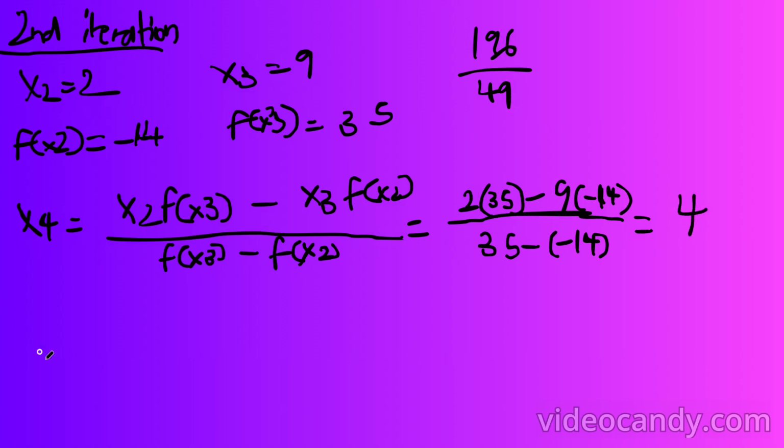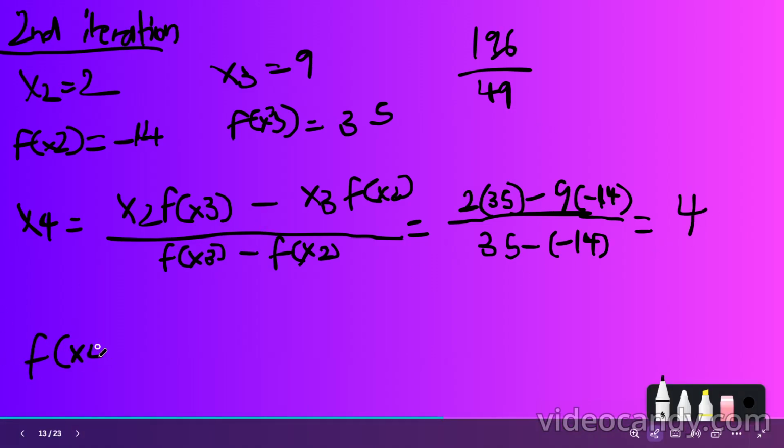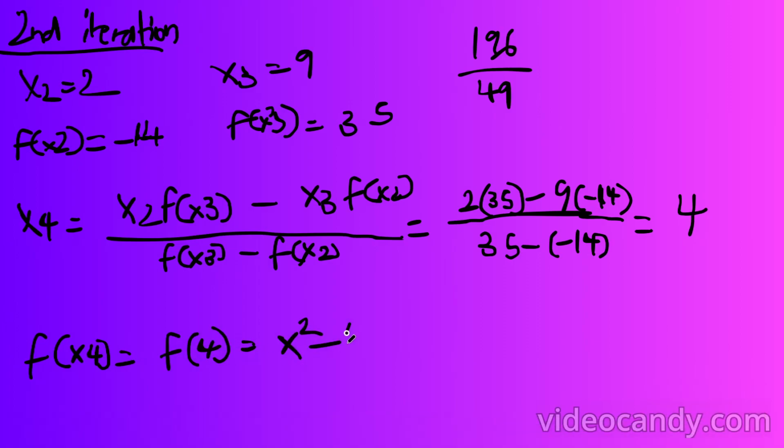So f of x4 is 4 square minus 4 times 4 minus 10, so the answer is negative 10.